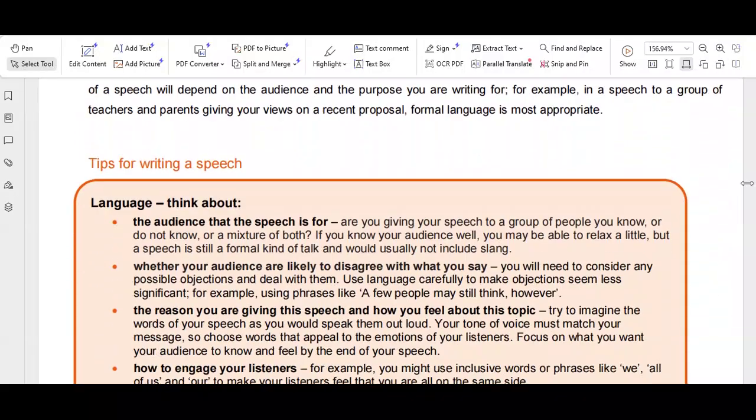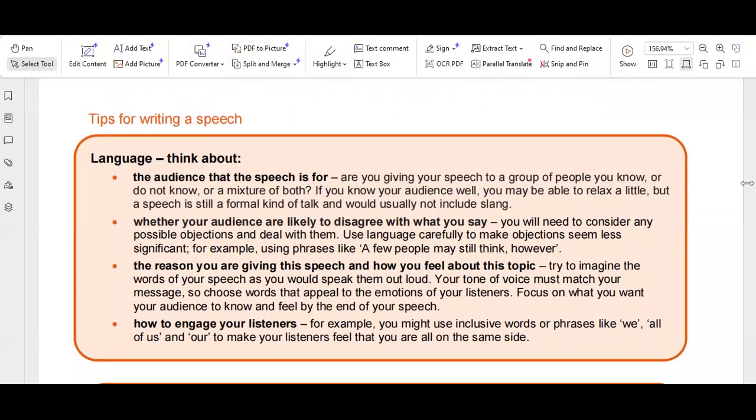Next, what are the particular things, a few specific tips which can enhance your speech writing? Consider the reasons you are giving this speech and how you want your audience to feel about the topic. You need to imagine the words of a speech as you're going to speak them. The tone and the voice must match your message.